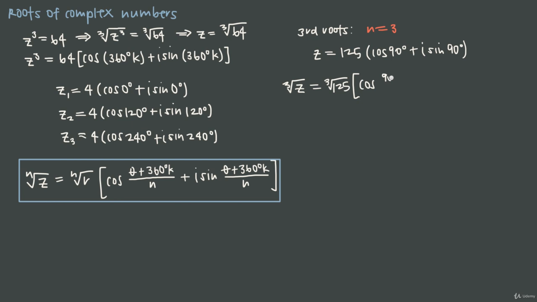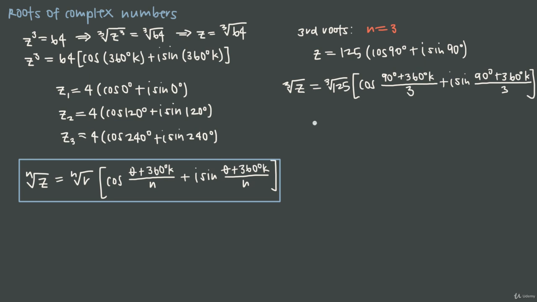So I want to say 90 degrees plus 360 degrees times k, all divided by n equals 3. And then the same thing plus i sine of 90 degrees plus 360 degrees times k divided by 3. And now I have my equation set up to find the third roots of z.